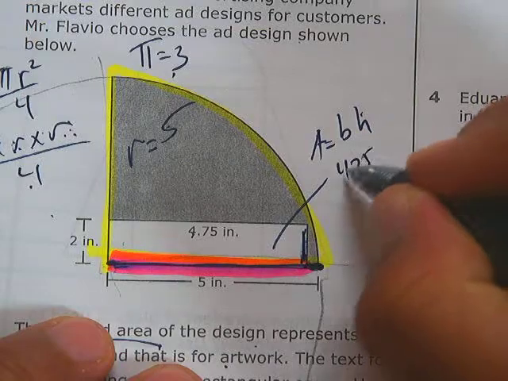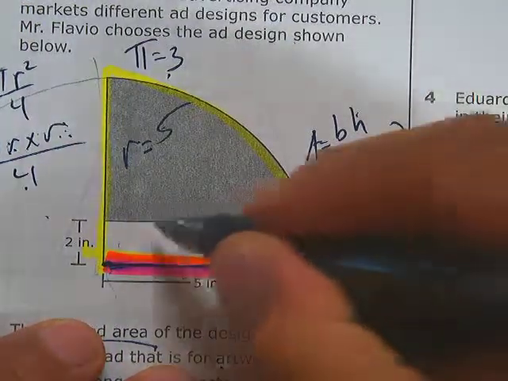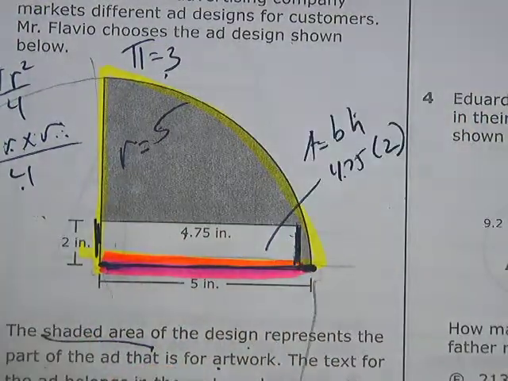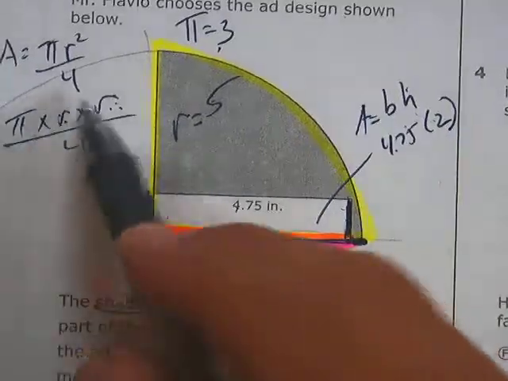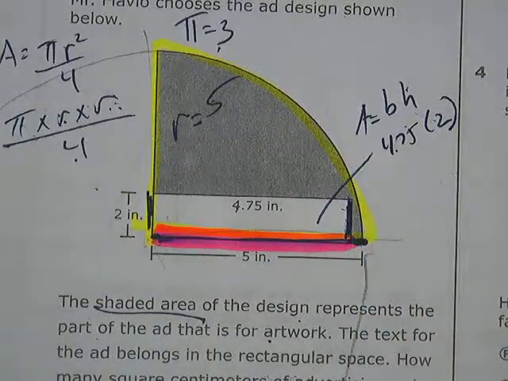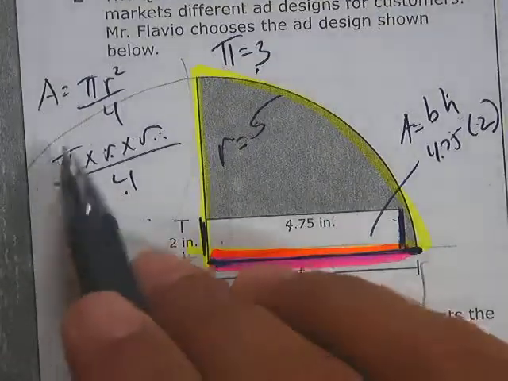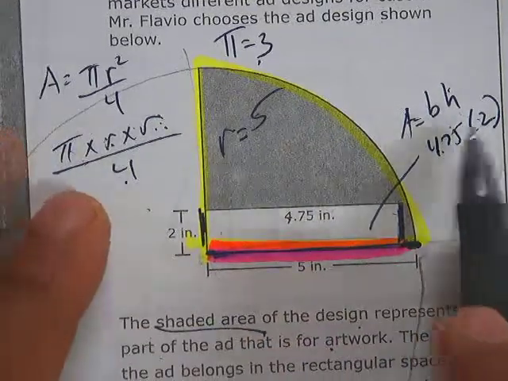You see, this little space is not part of it, that's 5 from here to here. So we don't want that. We want from here to here, and that happens to be 4.75. So here would be 4.75, times the height, which is this here, which is the same as this guy because they're parallel lines. So it's 2. So whatever you get here, subtract it from what you get here.